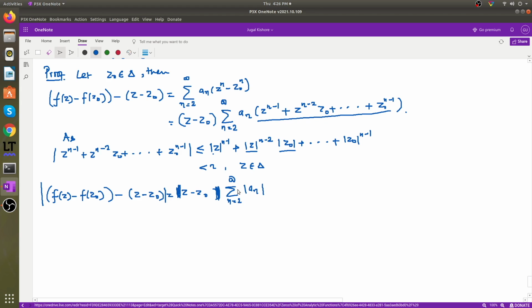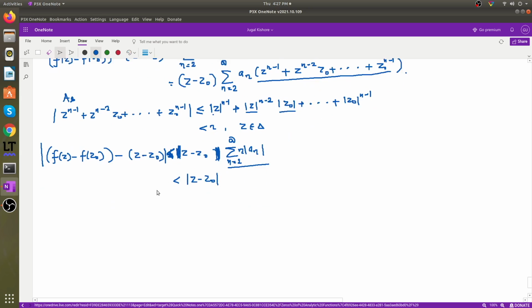So we have the sum of n times |a_n|, and by hypothesis this number is less than or equal to 1. So we are getting |z minus z naught|. This is not less than or equal, this is strictly less than. So finally we are getting this.